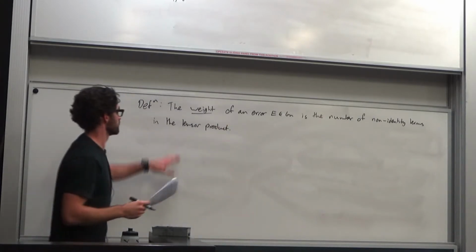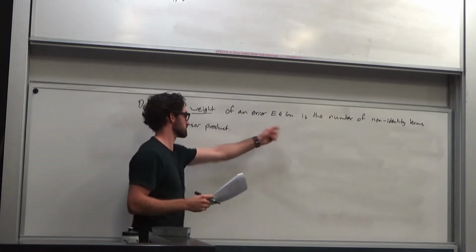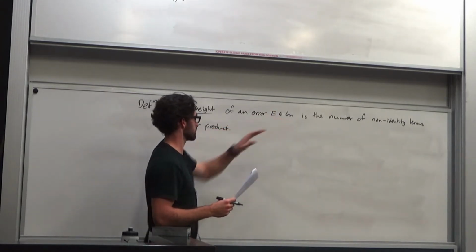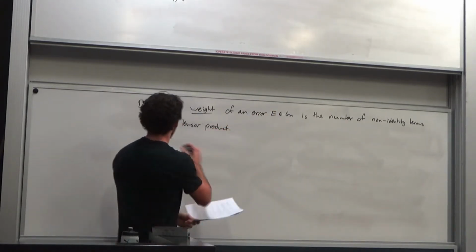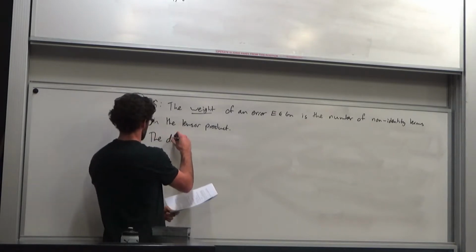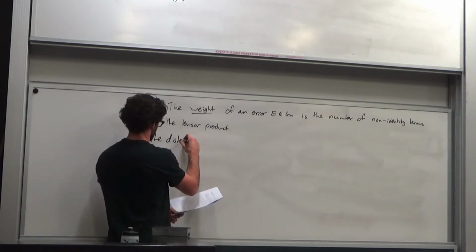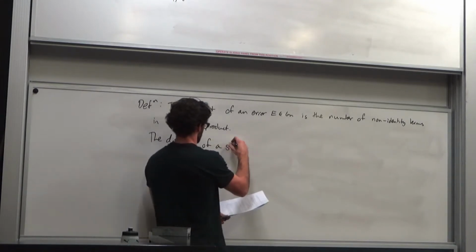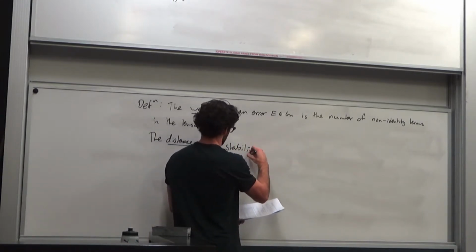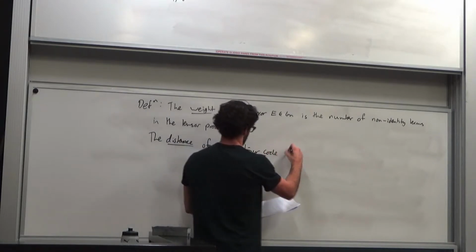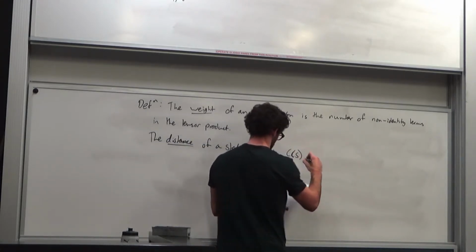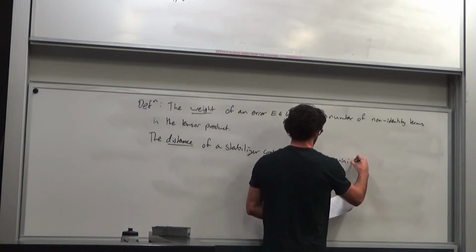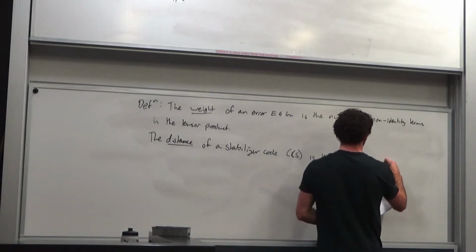They define the weight of an error as the number of terms that aren't the identity in the tensor product representation of this error E. And the distance of a code is the minimum weight error it can correct for.